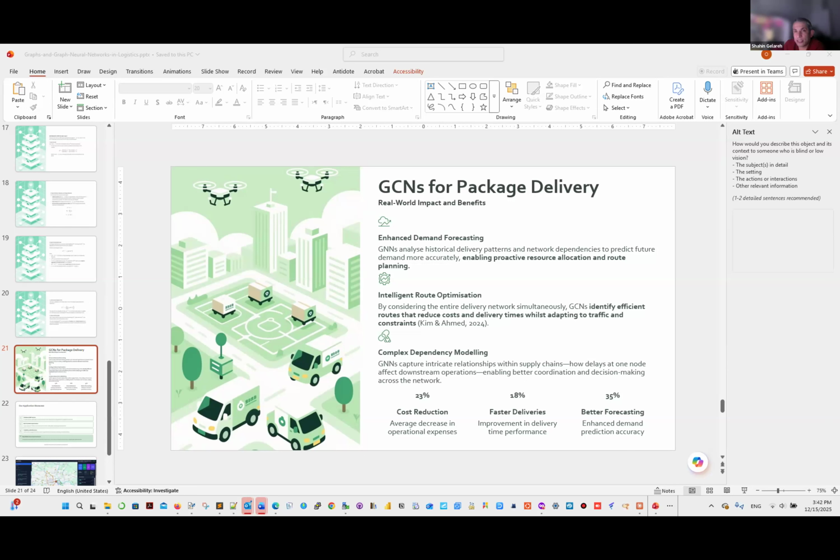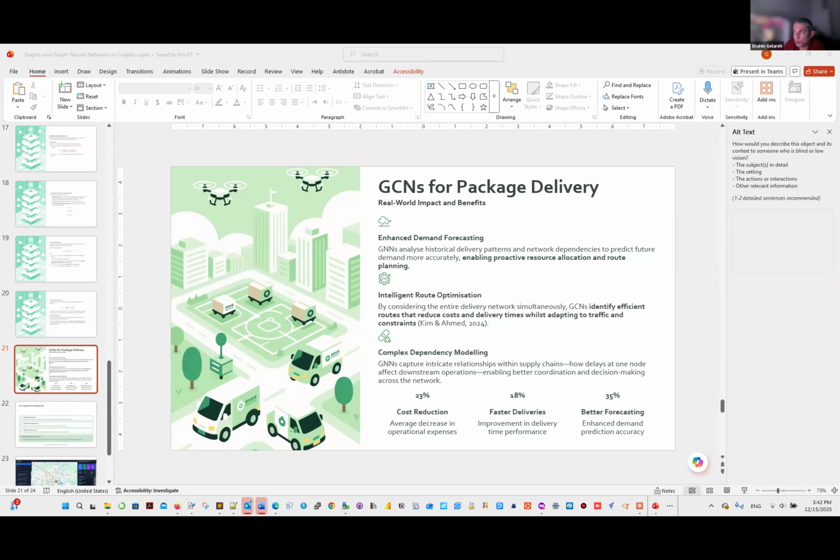The side product is that we can also enhance demand forecasting. With the historical data, we can identify the forecast of the demand pattern, which also influences the decision on identifying routes.